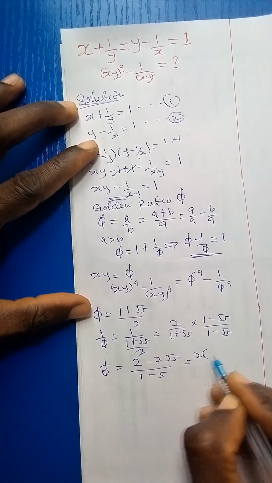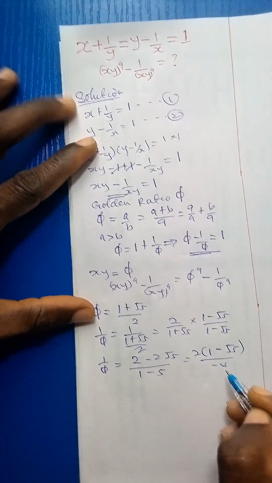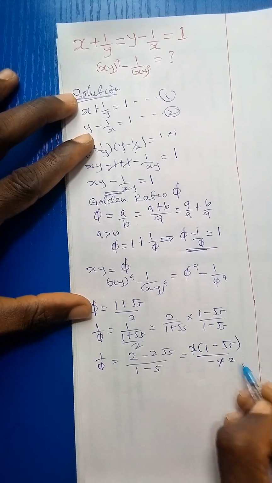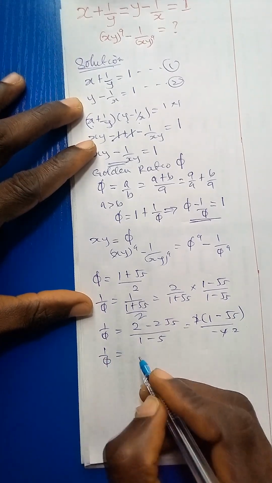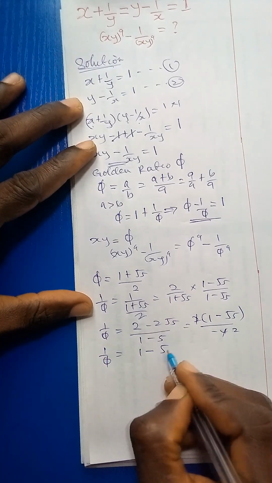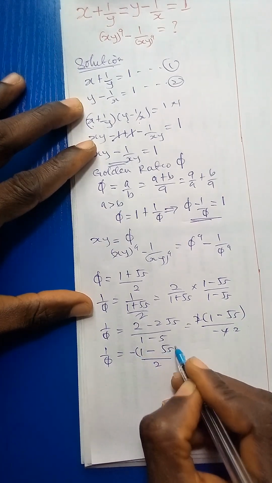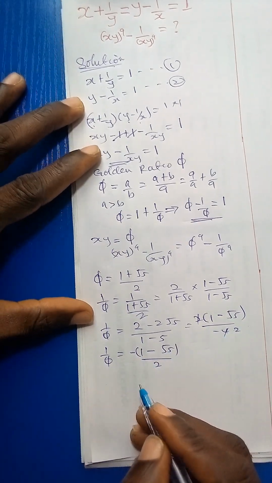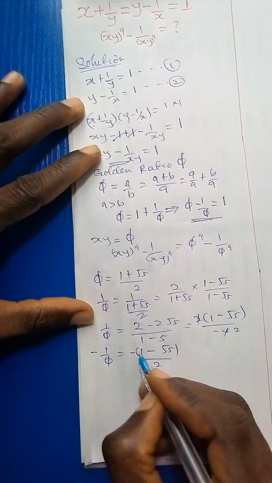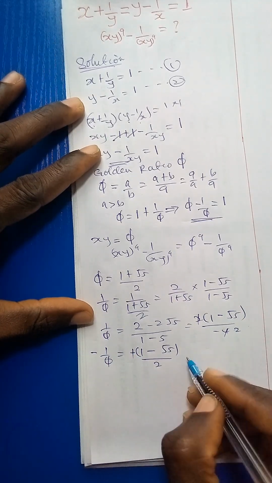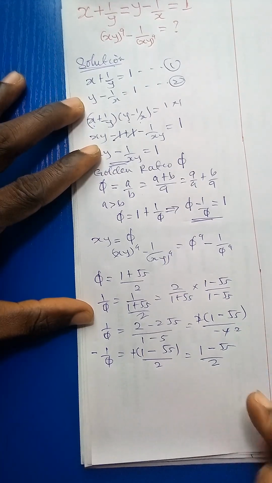So I have 2 times (1 minus root 5) over minus 4, where this and this will cancel out to give us minus 2. Now, 1 over phi is equal to minus (1 minus root 5) all over 2. If I multiply this 1 over phi by minus, then this minus will cancel out. So I have (1 minus root 5) all over 2.